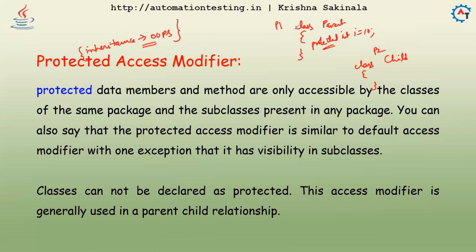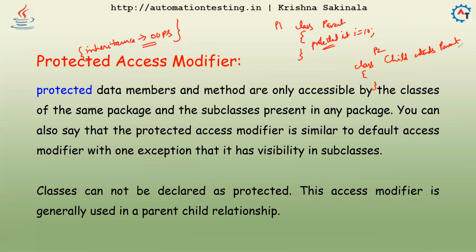So normally with the default, you can access it from all the classes within the same package. But with protected, the advantage is, if a class from another package is inheriting, how will it inherit? With the help of the extends keyword.